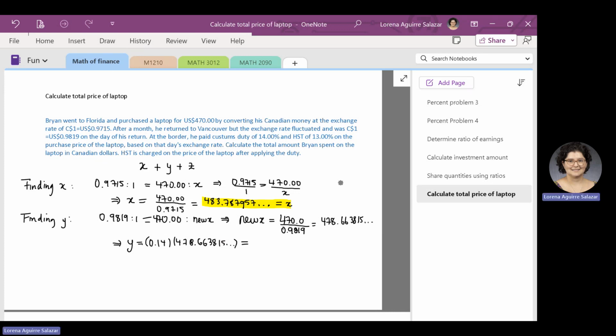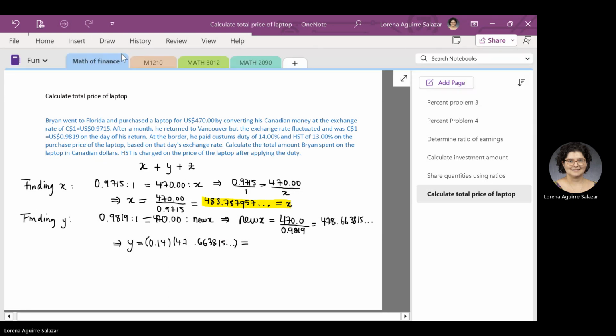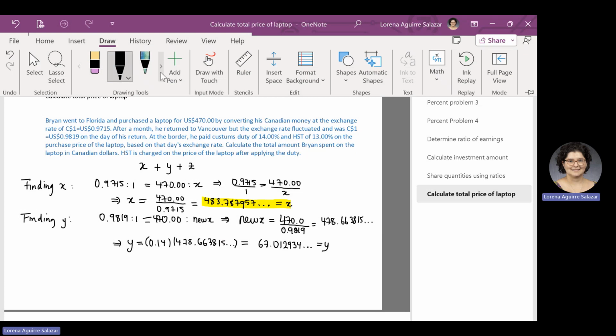And this computation gives us the following number in Canadian dollars, 67.012934, and so on. And this is our Y value. So that's what Brian is paying on duty.